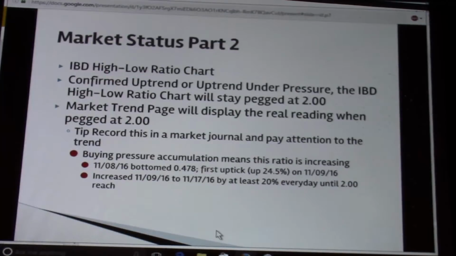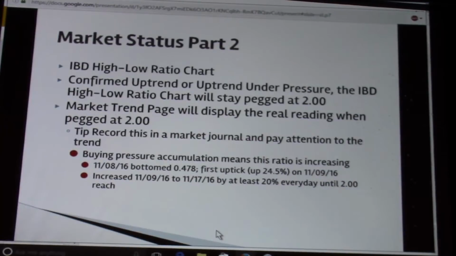And from that day on, until it went to 0.47 or 0.48 on November 4th, the high-low ratio was in a downtrend. From September, October to November 4th, which means the leaders of the past market uptrend were being sold off. So if you're expecting Facebook, Amazon, Google, they were being sold off. The market was in a correction.